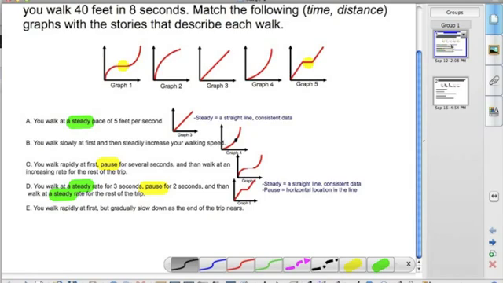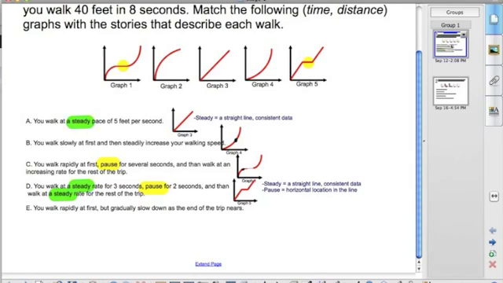So if you look at graph C, there is this point here where the graph is more vertical, so you know that they're traveling rapidly. And then there's this point here where the graph starts to become a little more, it's still an increasing rate. The line is more vertical than horizontal, so that's the key piece to those lines.